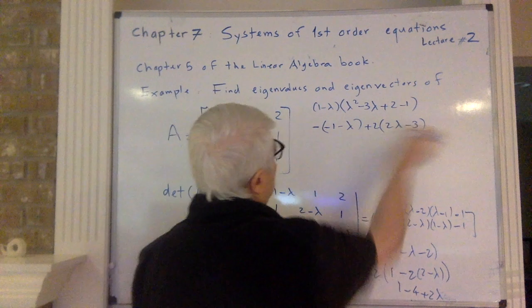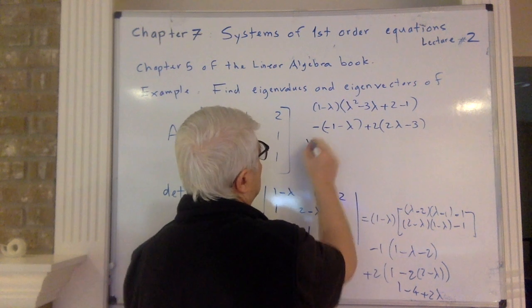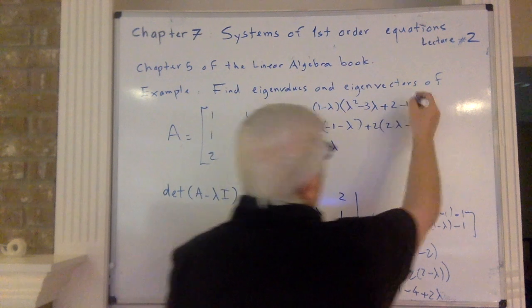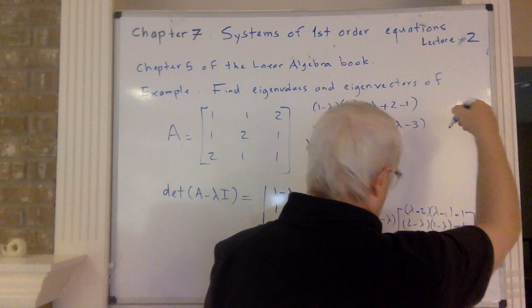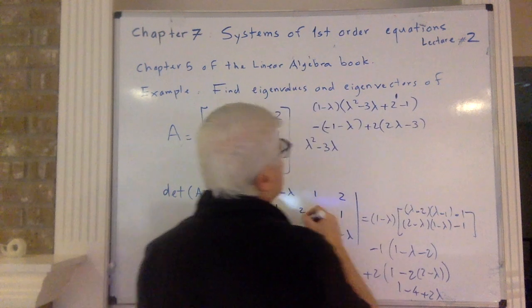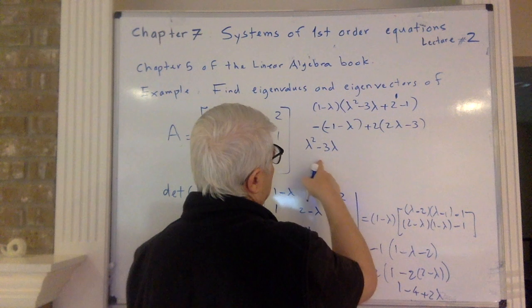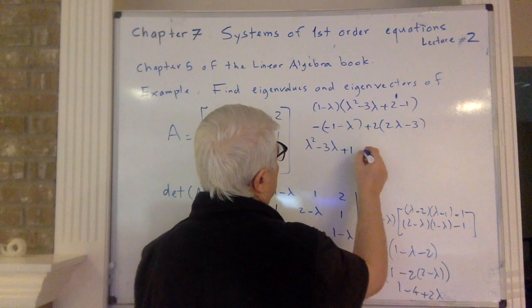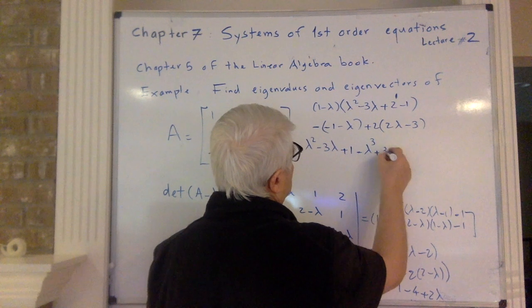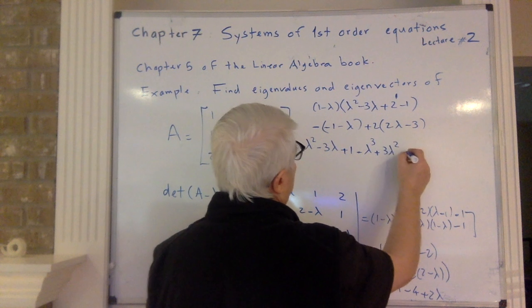So let's expand. I have lambda squared minus 3 lambda, and 2 minus 1 is that 2 minus 1? No, but that is 1. And lambda cubed minus 3 lambda squared plus lambda.